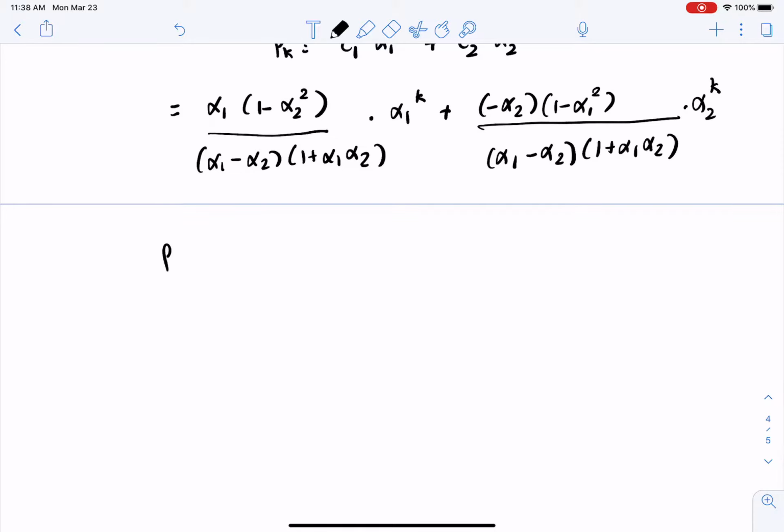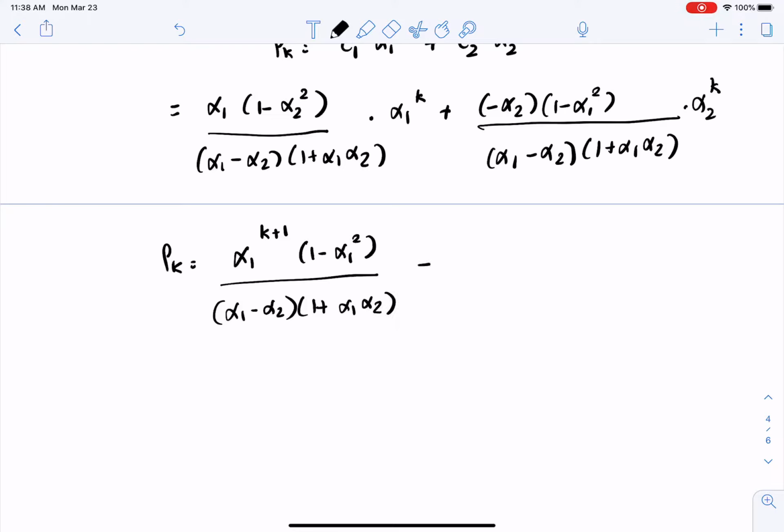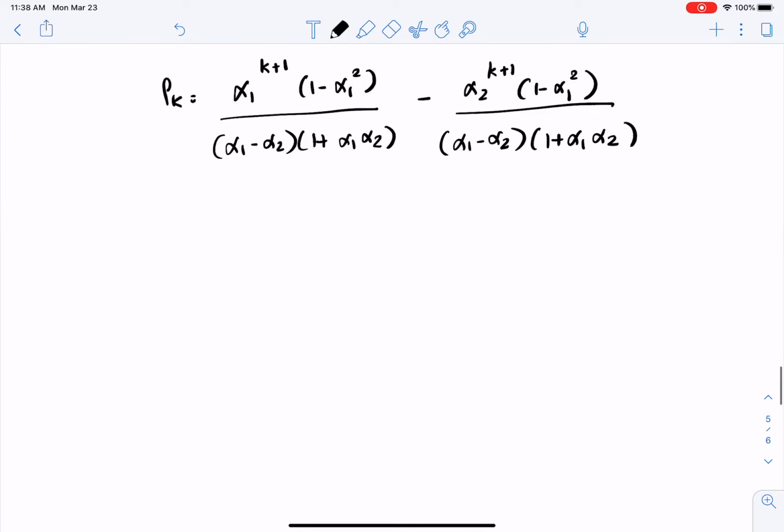So rho K would now equal alpha 1 raised to K plus 1 times (1 minus alpha 2 squared) over (alpha 1 minus alpha 2) times (1 plus alpha 1 alpha 2), and over here minus alpha 2 raised to K plus 1 times (1 minus alpha 1 squared) over (alpha 1 minus alpha 2) times (1 plus alpha 1 alpha 2), which would simply mean rho K is equal to alpha 1 raised to K plus 1 times (1 minus alpha 2 squared) minus alpha 2 raised to K plus 1 times (1 minus alpha 1 squared).